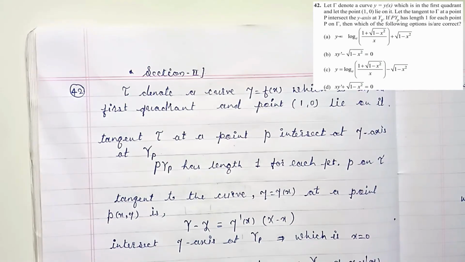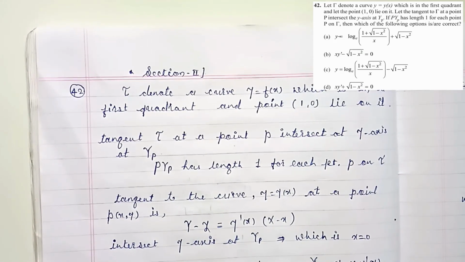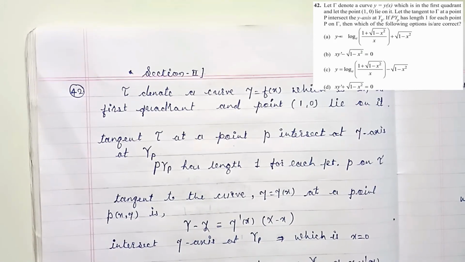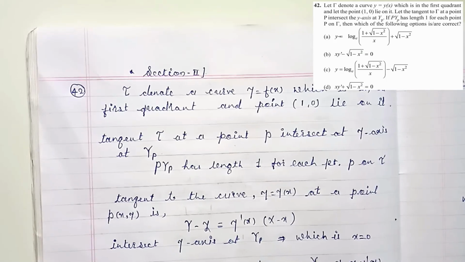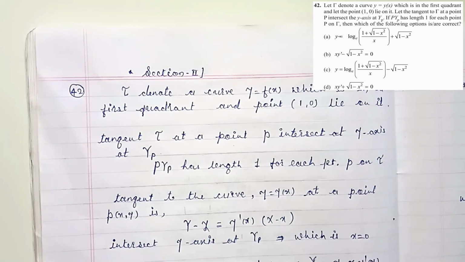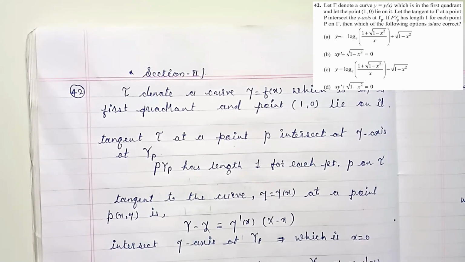Try to remember the equation of a tangent from the application of derivatives chapter. Let y equal to f(x) be a curve and m equal to dy/dx at the point (x1, y1) be the slope at the point P(x1, y1), then we write the equation of the tangent as y minus y1 equal to m into (x minus x1).